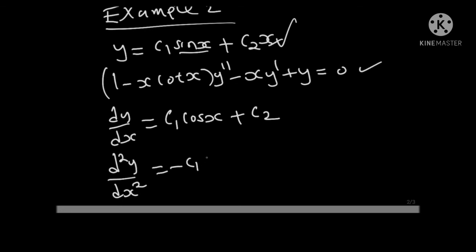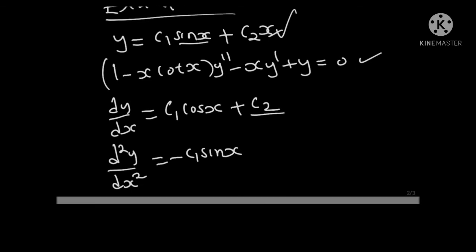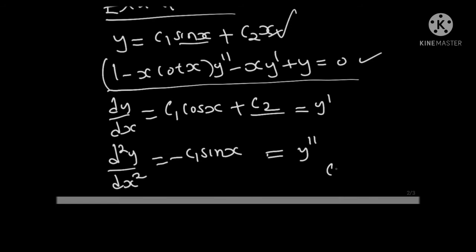So minus c1 sine x. The derivative of a constant is 0. So we have our y prime as well as our y double prime. Since we have these two, we can substitute them in our original differential equation. But remember, cot x is the same as cos x divided by sine x.